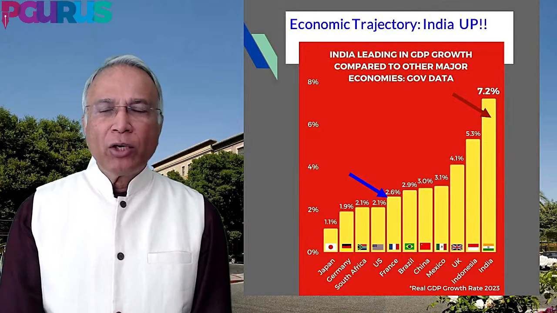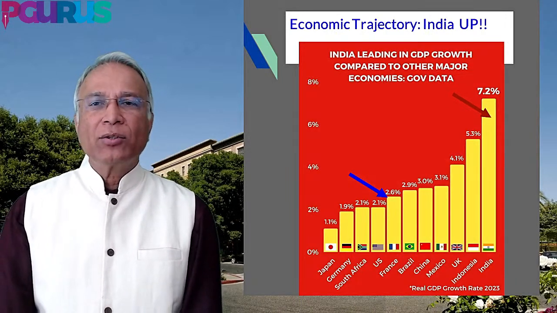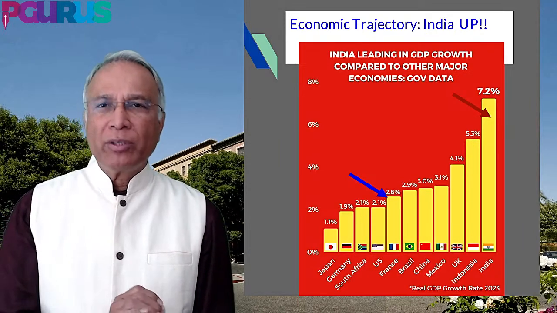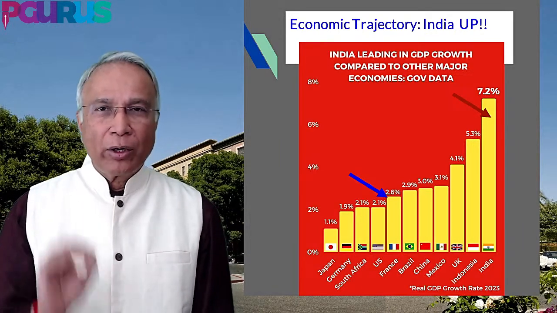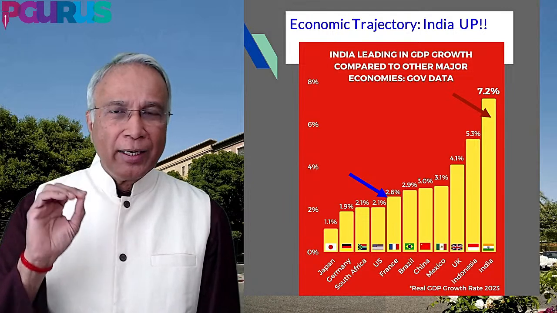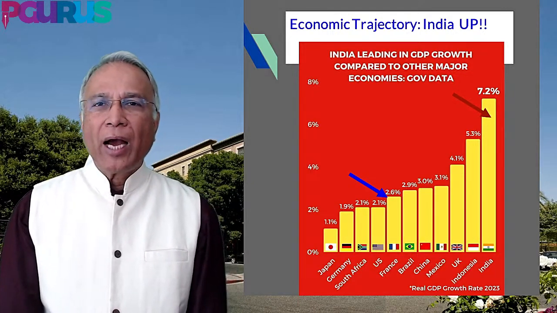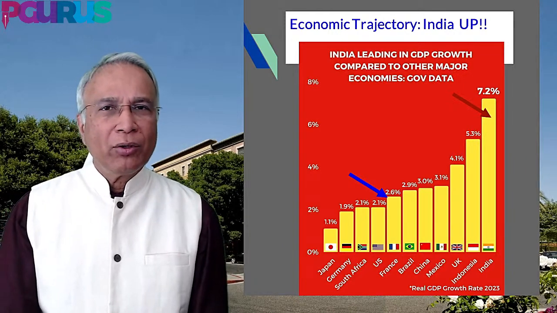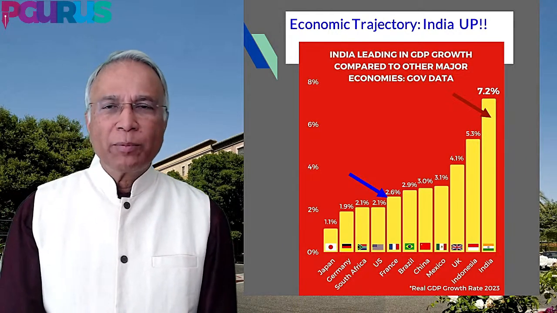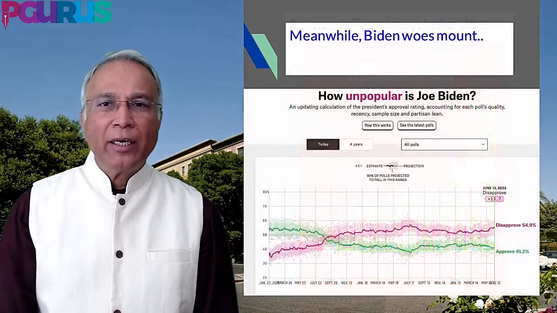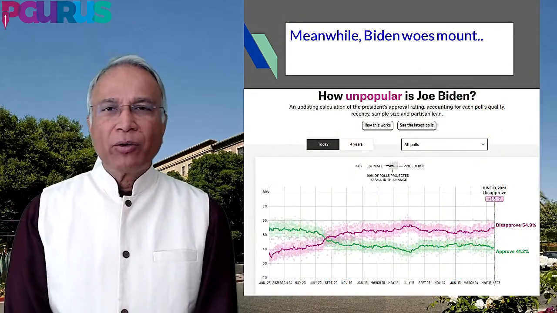Now, if you look at the economic trajectory, India is growing at 7.2%. Well, some may have some doubts about this. Is it current or constant GDP? And the numbers may be inflated a little bit. But take a look at how much it is for the United States. It's at 2.6%. In fact, that itself might be inflated. People are saying US has entered recession, if not just about to enter one.